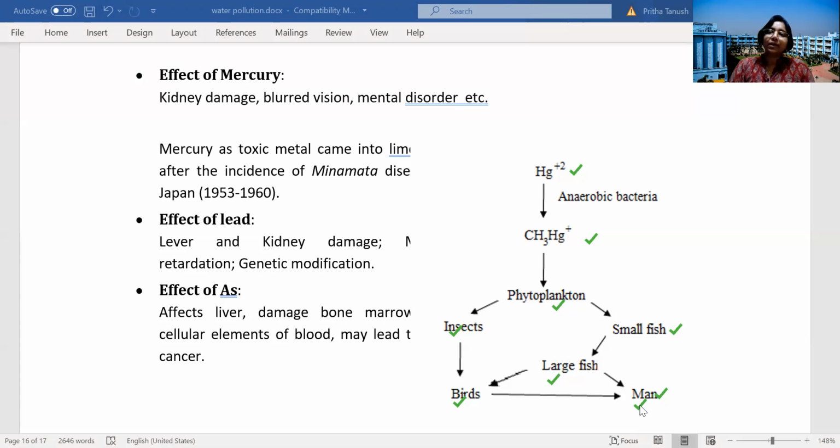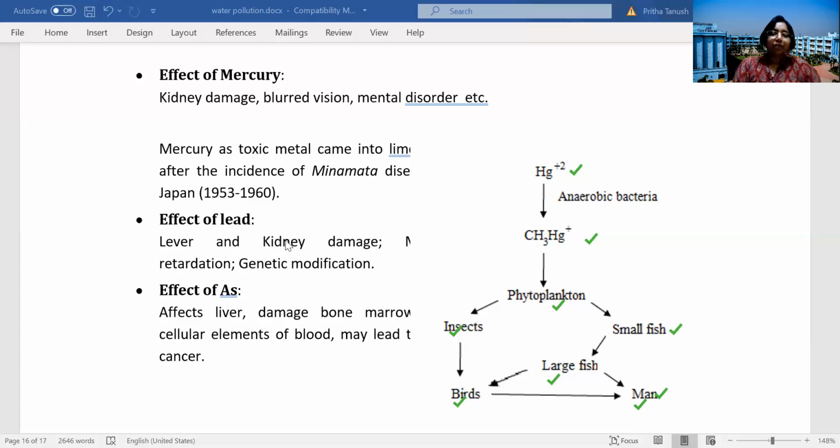So the answer will be mercury. This was caused in Japan, at the Bay of Minamata. Many people who consumed water contaminated by mercury were either crippled or dead.